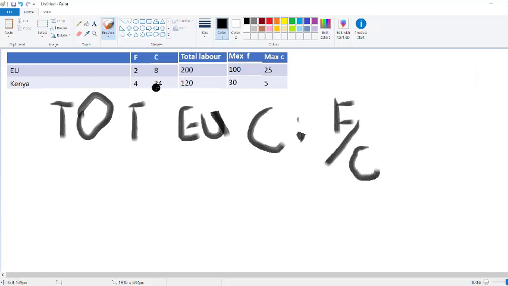This is a bit different from this table. In this table, when you wanted to work out the terms of trade, it was the other way around. But once you take into consideration the maximums, it's easy to do this way. So that's 100 food you must sacrifice to produce those 25 chemicals.